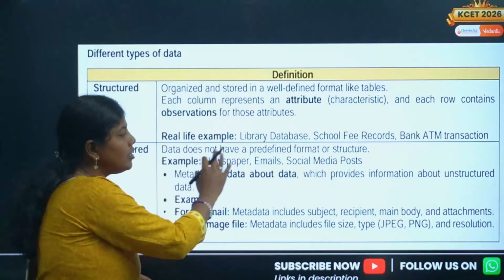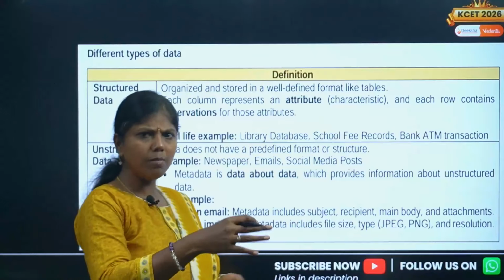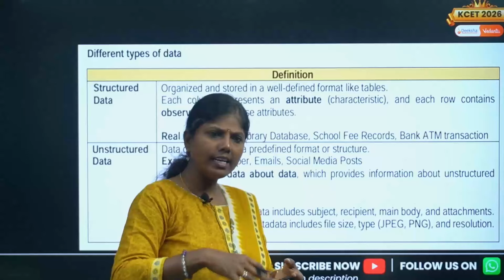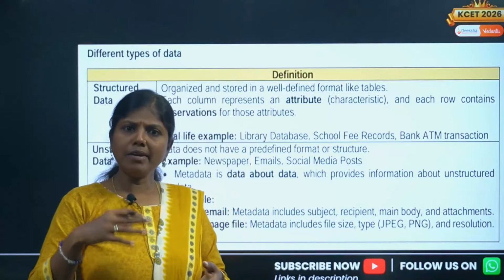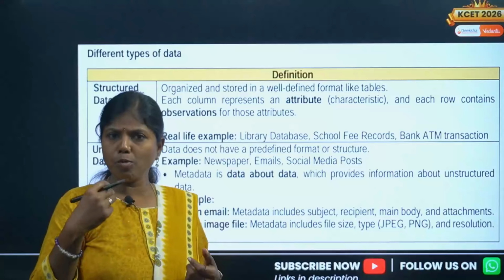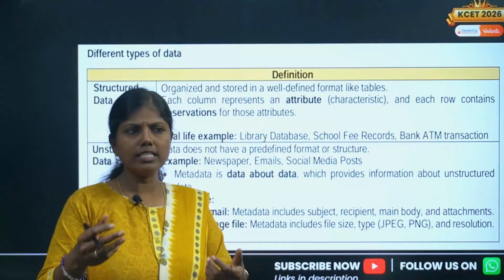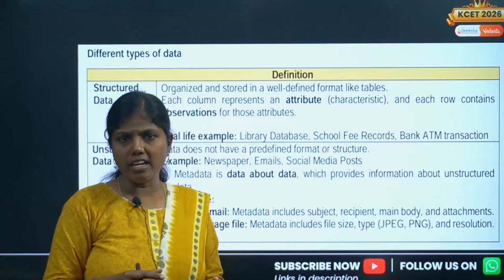Here we don't have a predefined format, no schema. It can be an image, a comment, or a like button, or someone can just like it. Social media posts, newspapers. Today I can see the paper with only a complete ad on the first page.